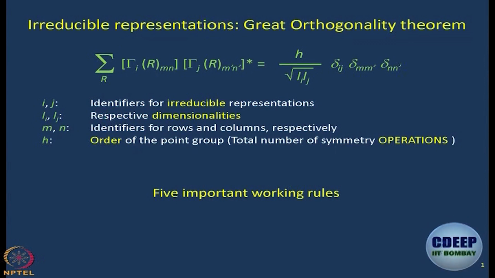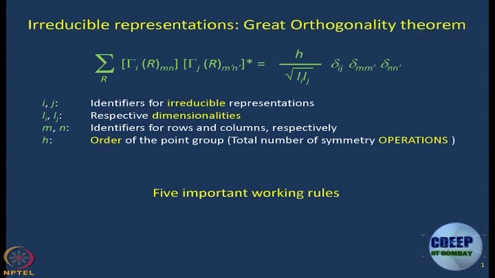So, what great orthogonality theorem leads us to is that if you are working with irreducible representations, then the matrix elements of these irreducible representations behave like a set of orthonormal vectors. Okay? Are we convinced that that is what the great orthogonality theorem means?